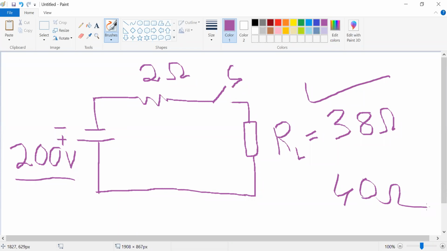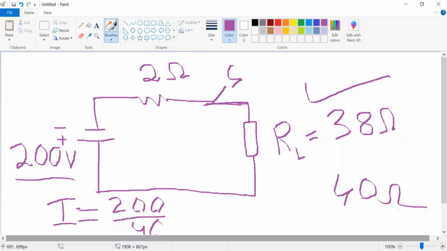When the switch S is closed, the current delivered by this source is I equal to V by R, 200 volts by 40 ohms, which is 5 amperes.